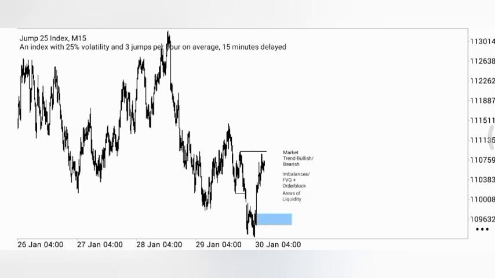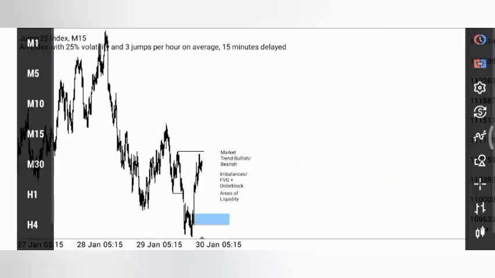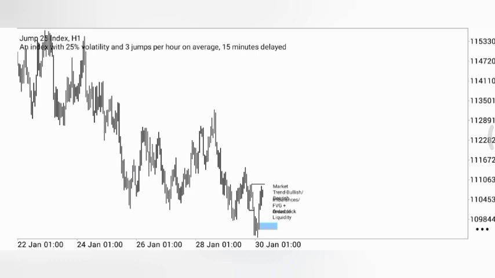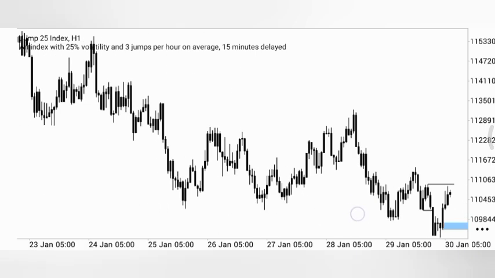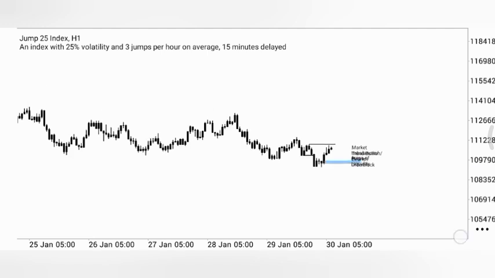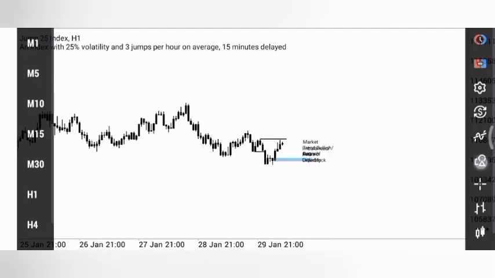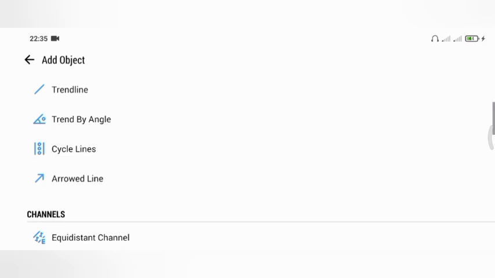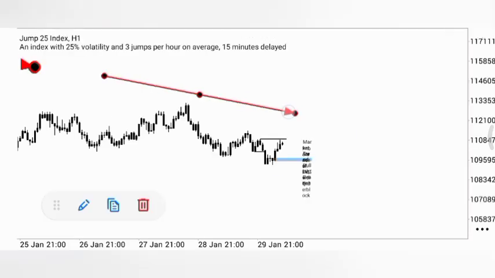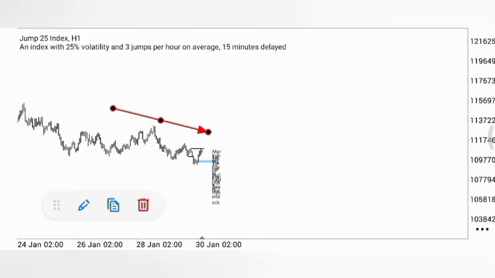Okay, so taking a look at this chart, you can clearly see that the market was going down, right? Or was trending down. It's a downtrend, right?